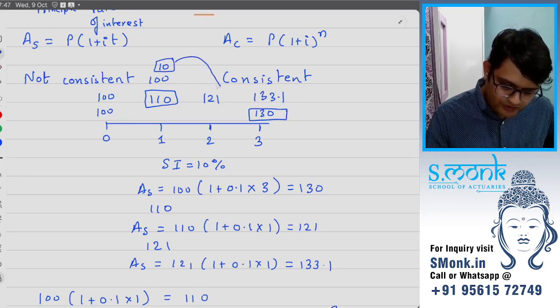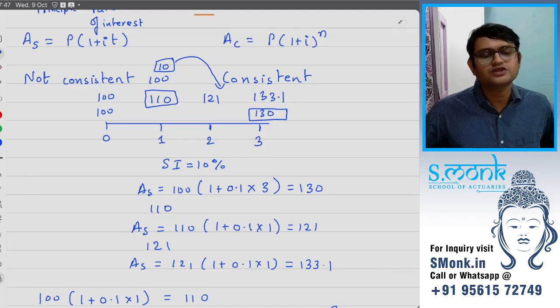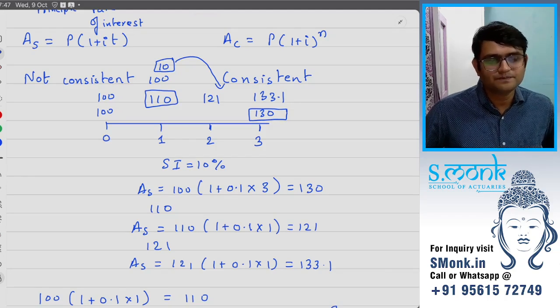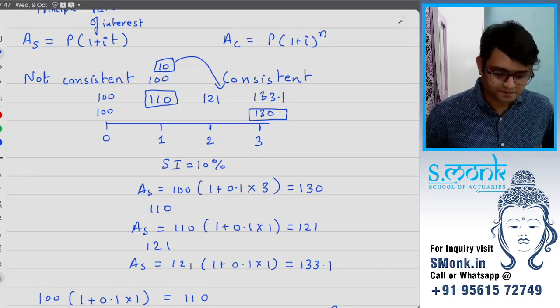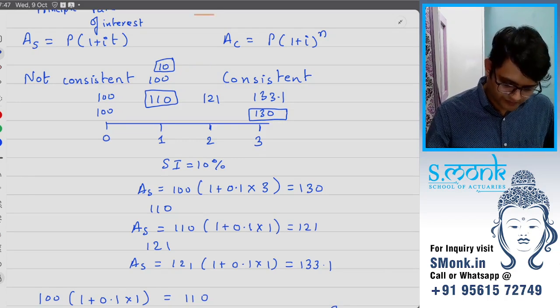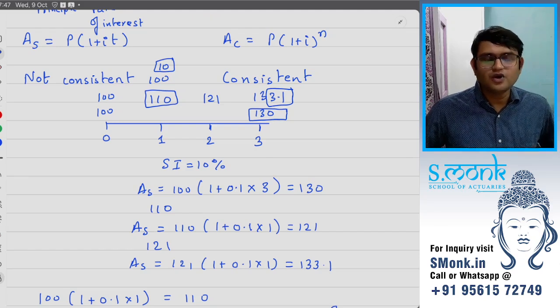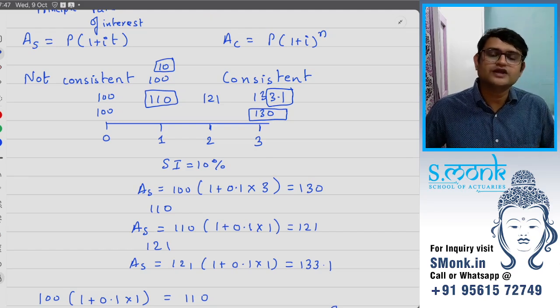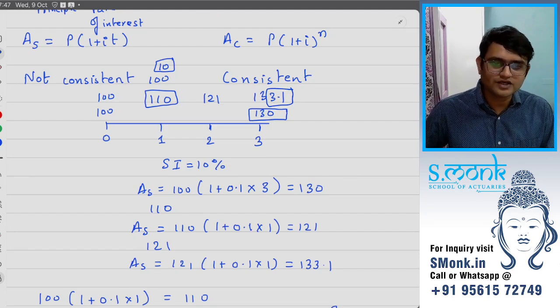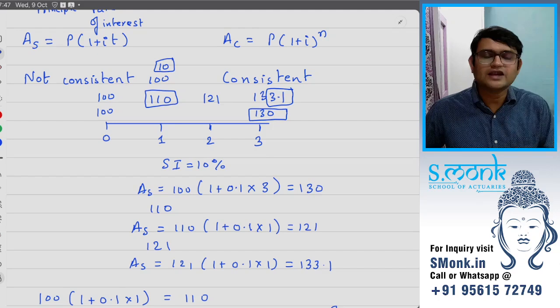This extra 1 rupee is going to be interest on this 10 rupees. Okay. So this 3.1 extra came out because the interest is given on the interest as well. The interest that is accumulated at the end of 1 year, we are paying interest on that as well.